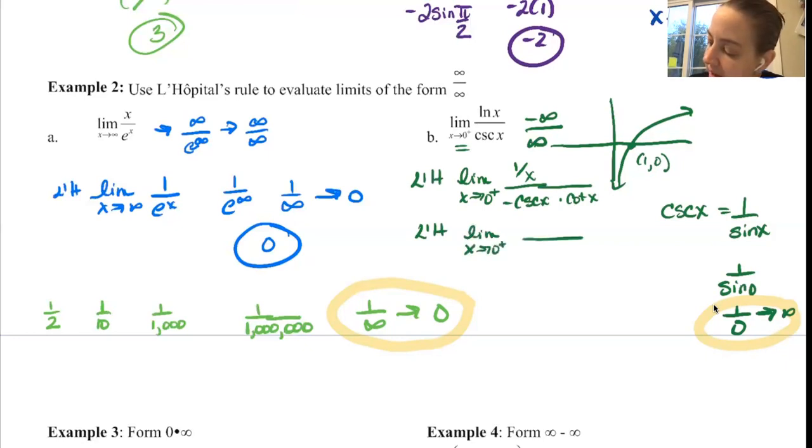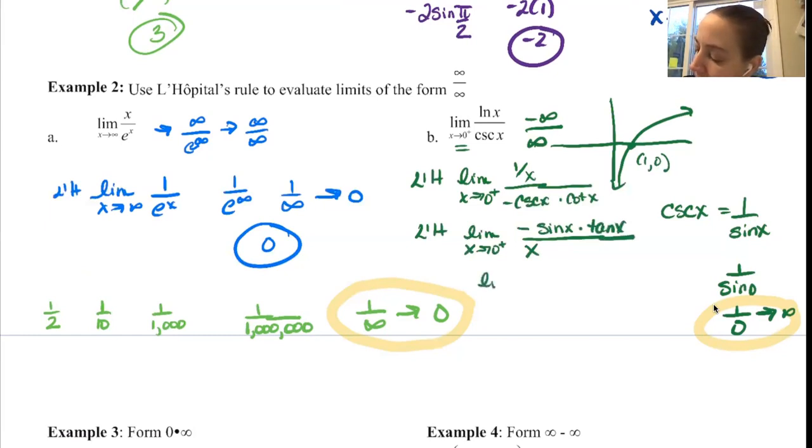So I'm going to move the x to the bottom. I'm going to put the negative in the front. Cosecant is really the reciprocal of sine, so I'm going to put sine back in the top. Cotangent is really the reciprocal of tangent, so I'm going to put tangent in the top.